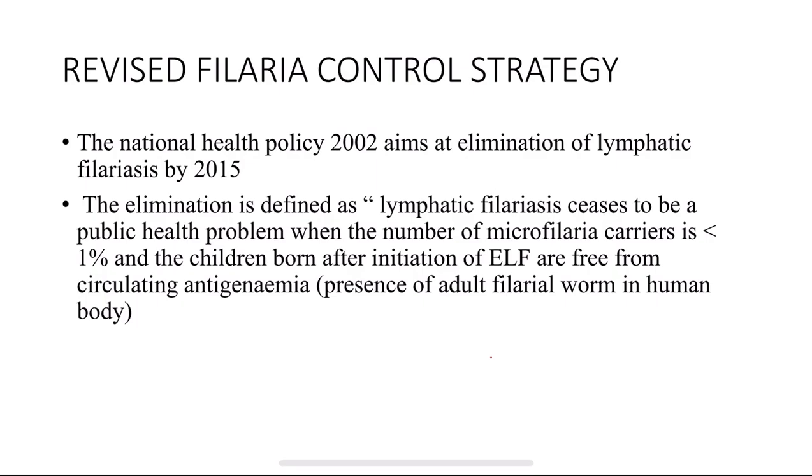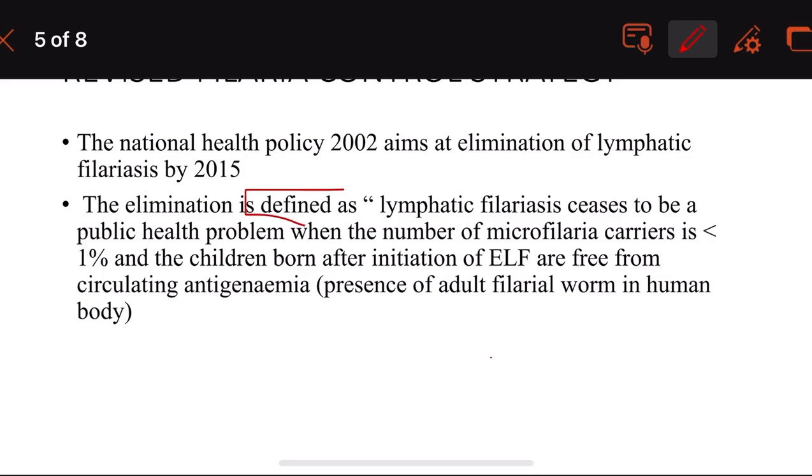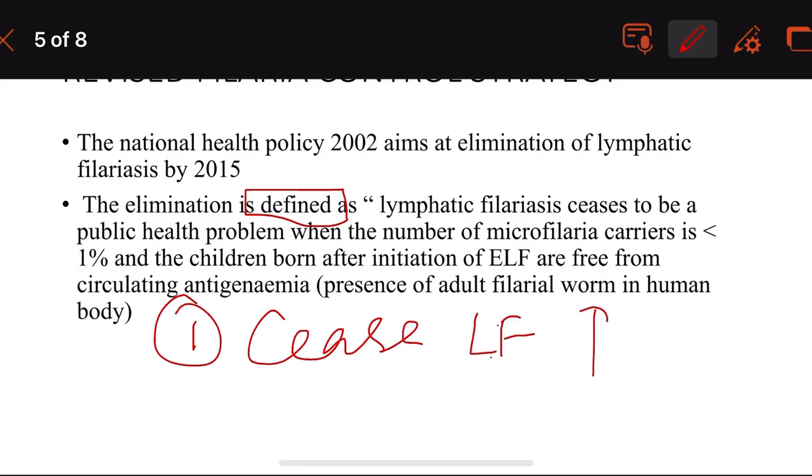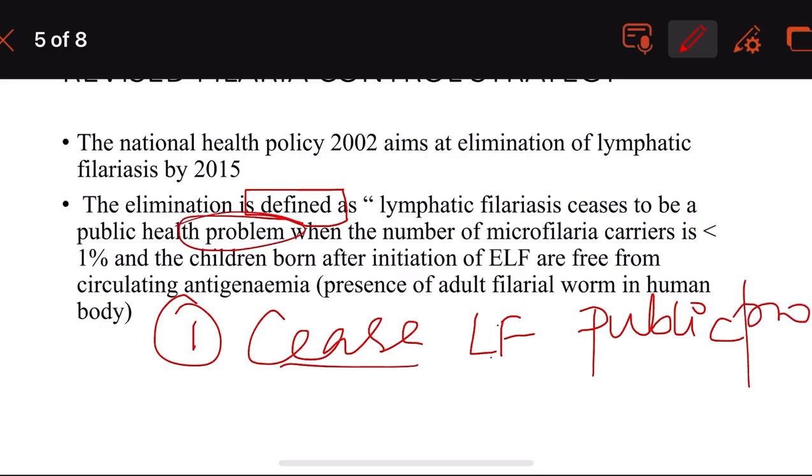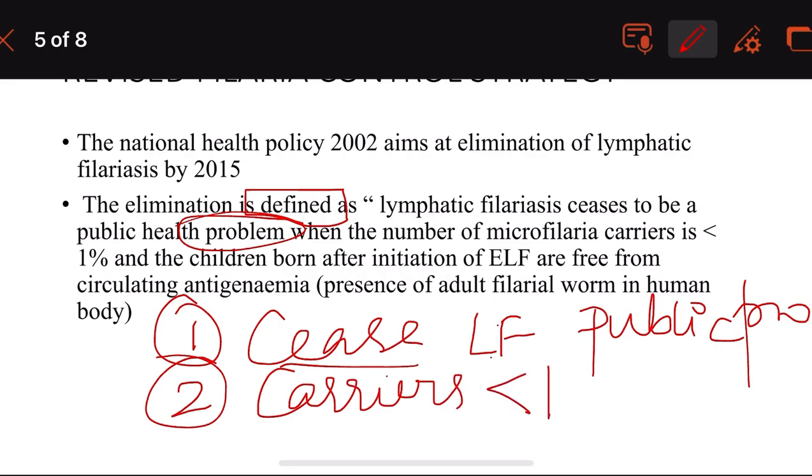Clear guys? First, lymphatic filariasis should no longer be a public health problem. Second, the carriers should be less than 1%. Thirdly, the children who are born should be free from antigenemia.